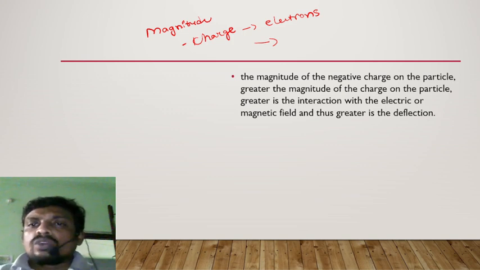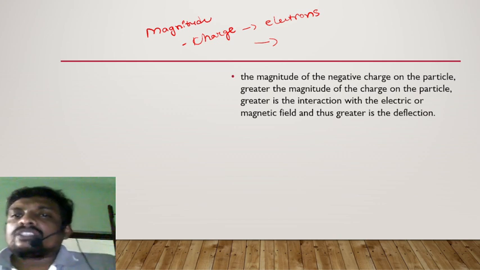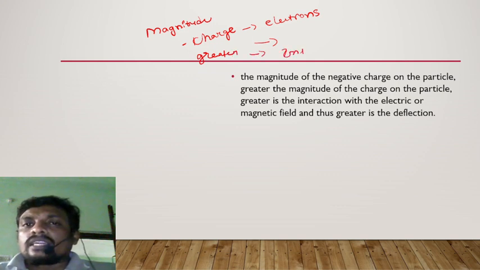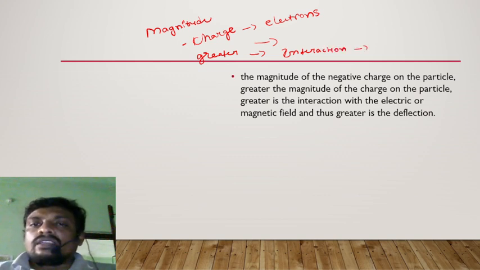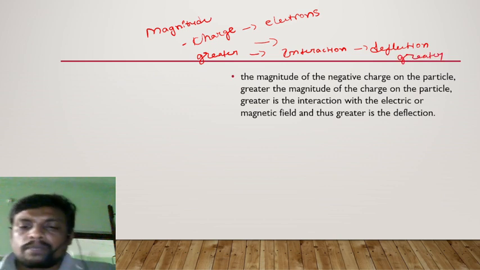So here, based on these forces or the magnitude of the negative charge on the particle, the greater the magnitude of the charge on the particle, the greater the interaction, which means whenever the fields and forces are increased, the interaction of a specific electron with the electric or magnetic field changes, and the deflection will be greater in this experiment.